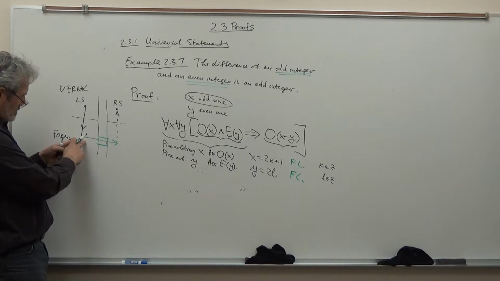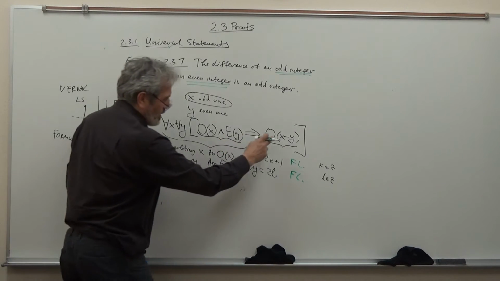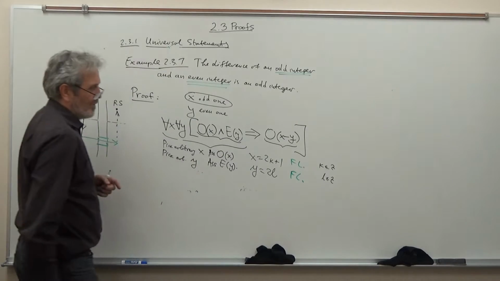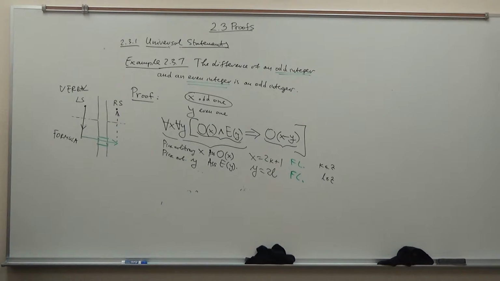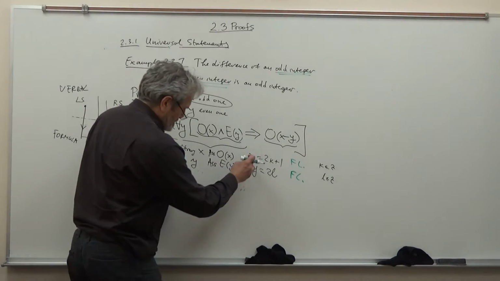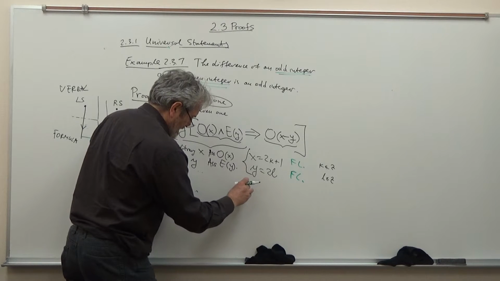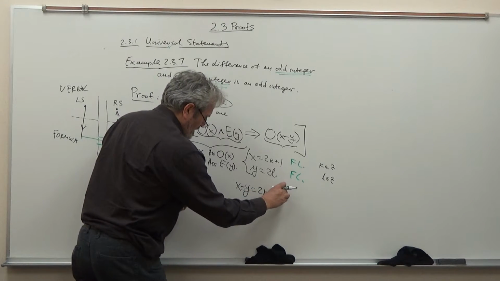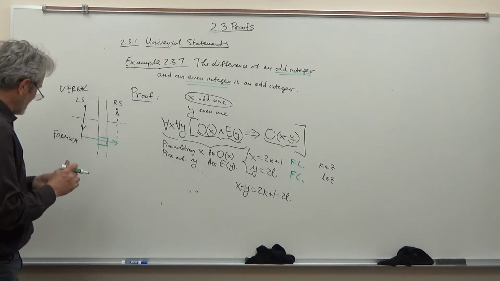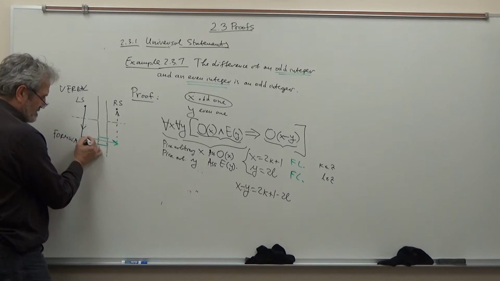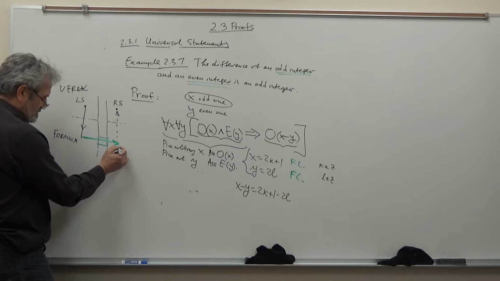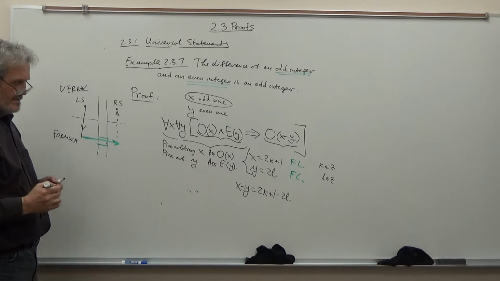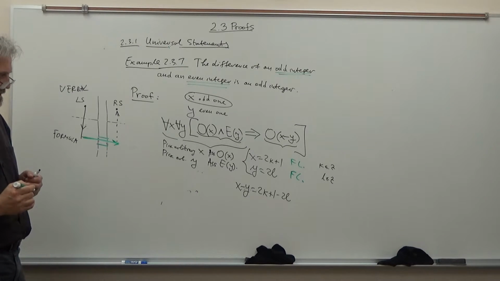All right, so generally, now the question is, we are among the formulas, how do we cross, knowing what x and y are equal to, to what is x minus y equal, because that's what the story is about on the right side. And then what? Just using formulas, it's very easy. x minus y is 2k plus 1 minus 2l. And exactly, this is the moment where I cross the river. So this is the story about x minus y in the formula land.